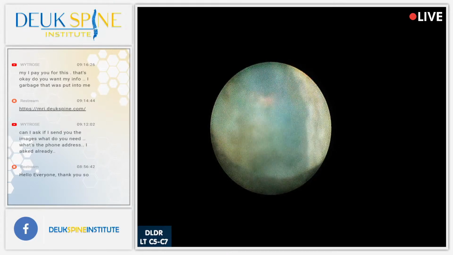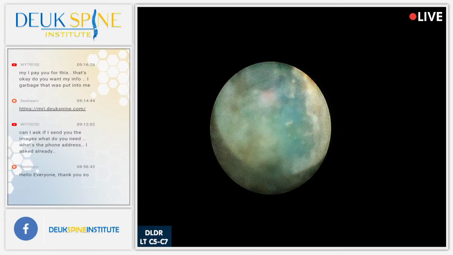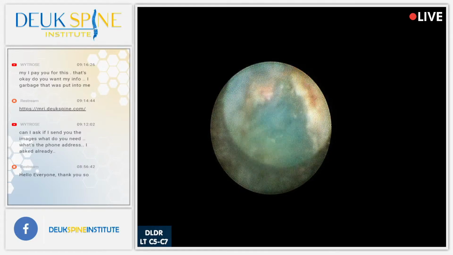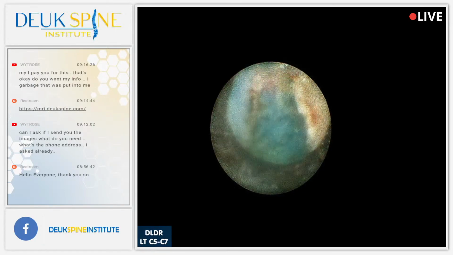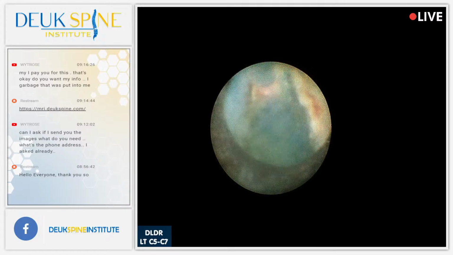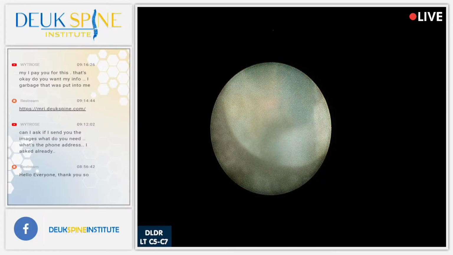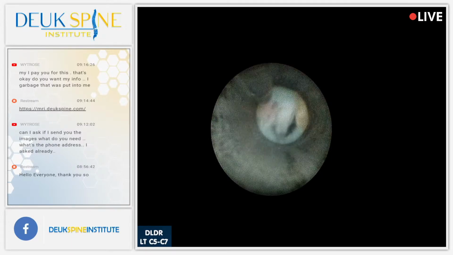That's why what you're seeing here, even though it looks big, is actually 4 millimeters wide. You know that laser fiber you're seeing right there, how wide do you think that laser fiber is? It's 0.5 millimeter wide. So here's a herniation.